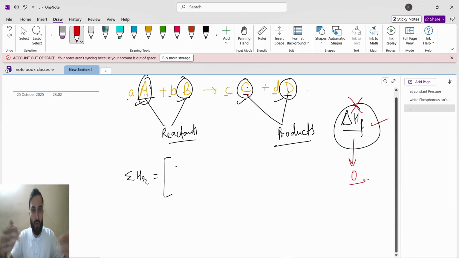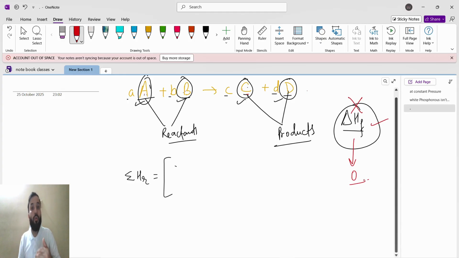Once again, focus: if the enthalpy of formation of any product or reactant is not given in the question, we will take it as 0.